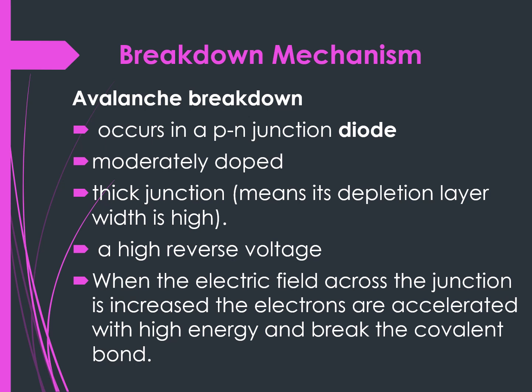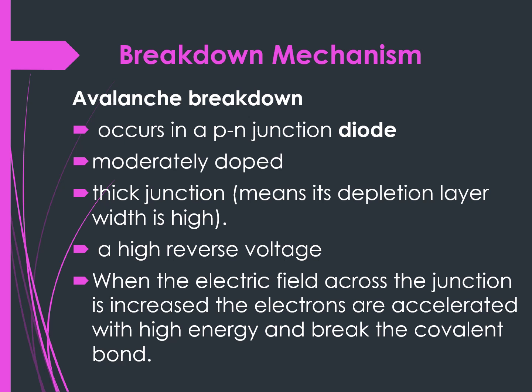Now, avalanche breakdown occurs in a PN junction diode. When the reverse voltage is increased, the electric field across the junction increases. Since the voltage is increasing, the electric field will also increase. Then the electrons will be accelerated to a higher energy, and thereby they will break the covalent bonds and more electrons will be produced, right?